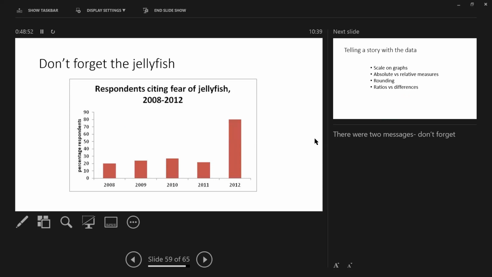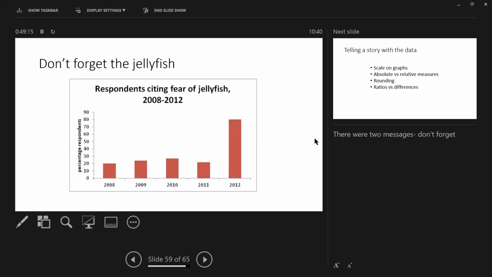But if you had other data, there would be an influence on the relative importance of each graph, right? So if there was a greater proportion of people that fear swimming, and you have an uptick only in fear of jellyfish, then that means they should look for a reason. Of course.